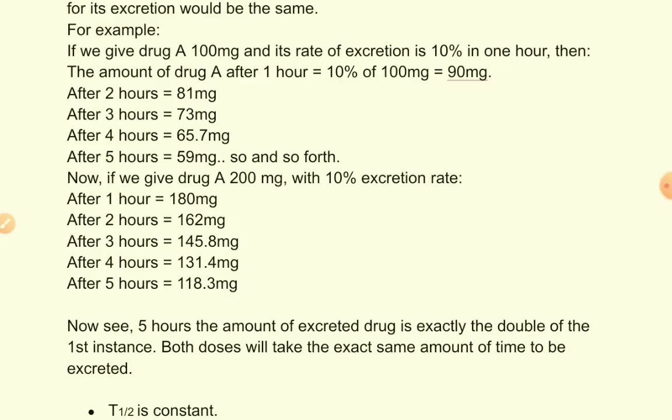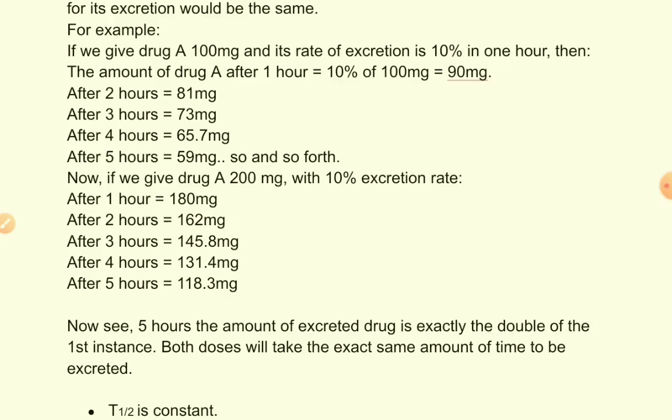Now if we give this drug 200 milligram, let's see how this order follows. So with a 10% excretion rate, after 1 hour 10% of 200 milligram will be 20 milligram.